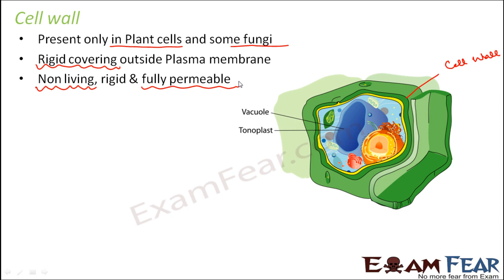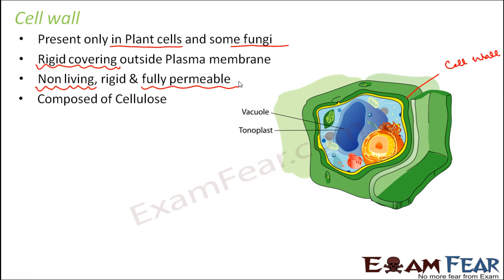Because plant cells are very delicate, they need a lot of structural support, and that structural support is provided by their cell walls. Whereas in animals, we have the skeletal system, muscles, bones, etc. to support the body. So it is not required that every cell has an additional cell wall.